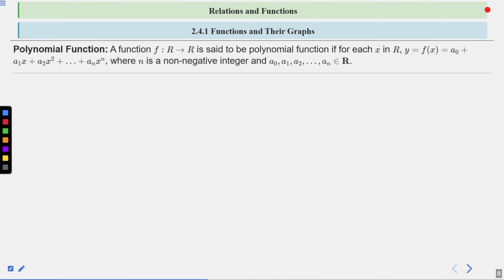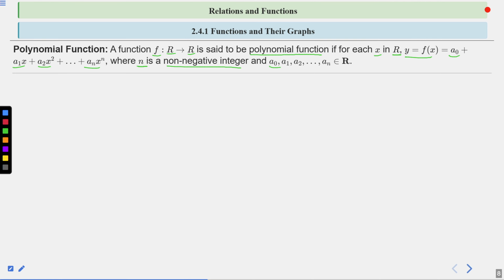Now comes to this polynomial function. A function f from R to R is said to be a polynomial function if for each x in the set of reals, your function is defined in this manner, that y is equal to, or f(x) is equal to, a0 plus a1x plus a2x square till an x raised to power n, where n must be a non-negative integer.